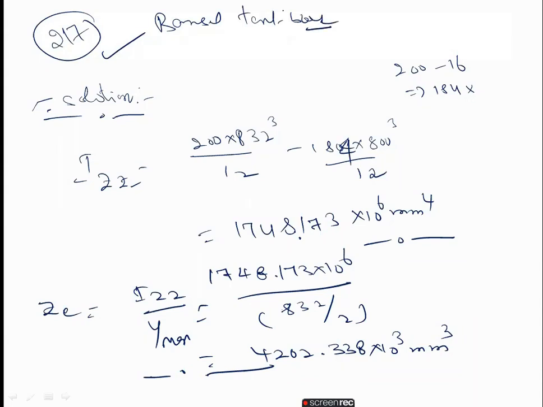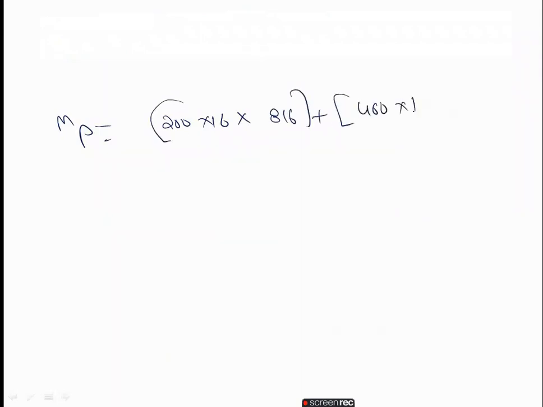Next, the plastic neutral axis is at mid depth, hence the stress Fy in the top as well as the compression and tension is Fy. We know that. Now we will calculate the Mp, that is 200 into 16 into 816 plus 400 into 16 into 400, total times Fy.